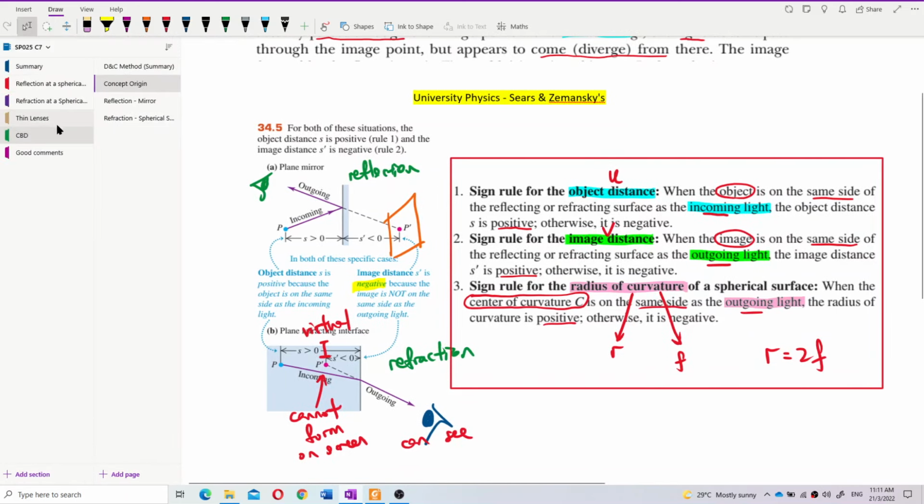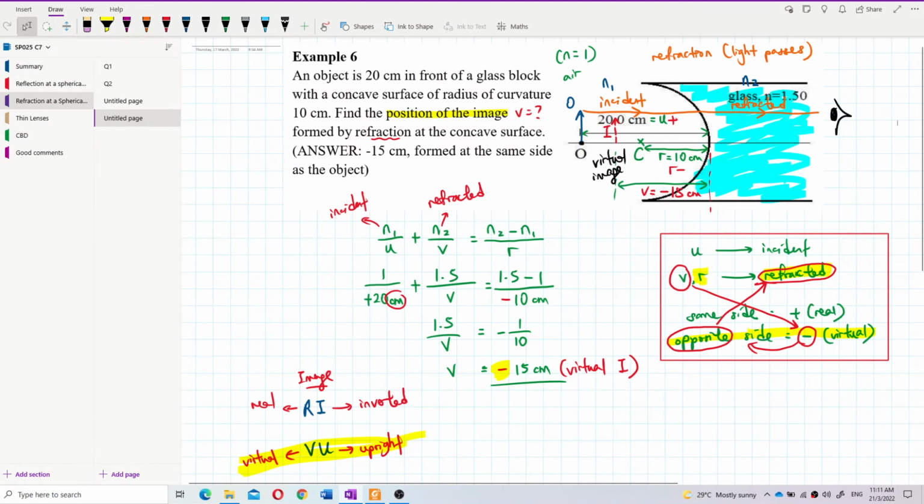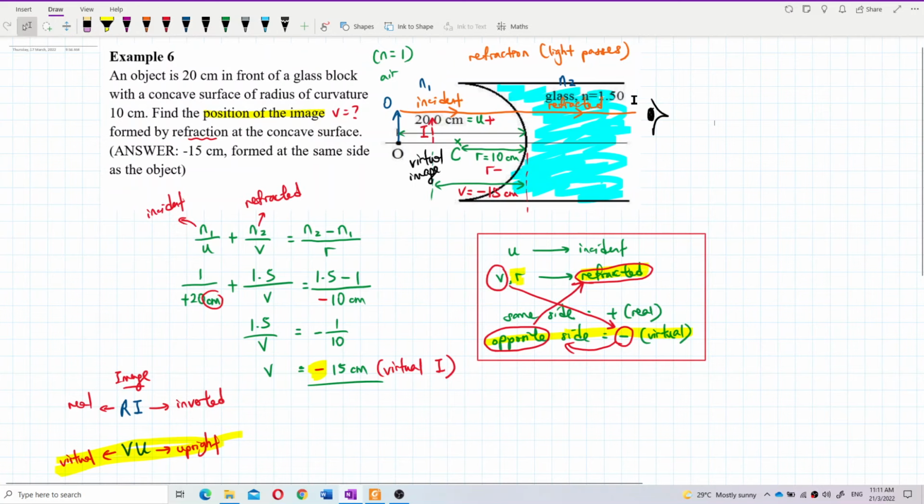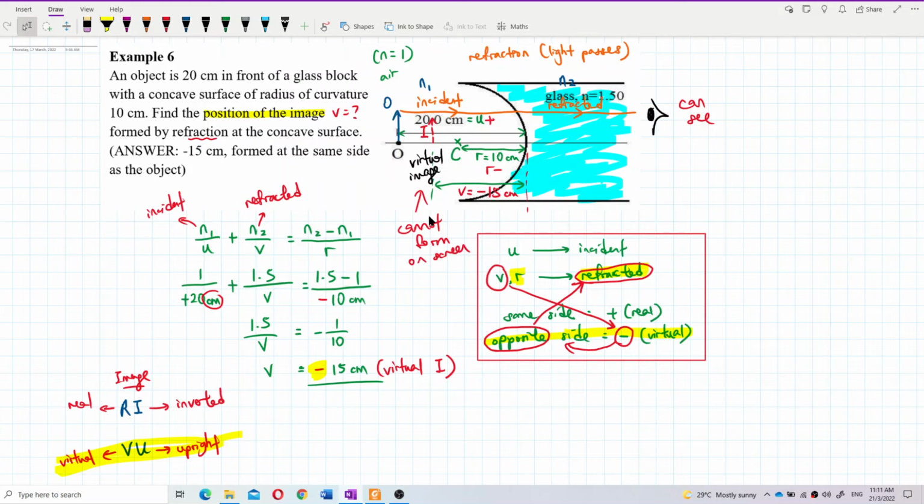Similarly, in our example just now, can we see the image? We still can see. But this virtual image cannot form on screen. You put the screen there, nothing appears on the screen because the reflected ray is already at the other side.